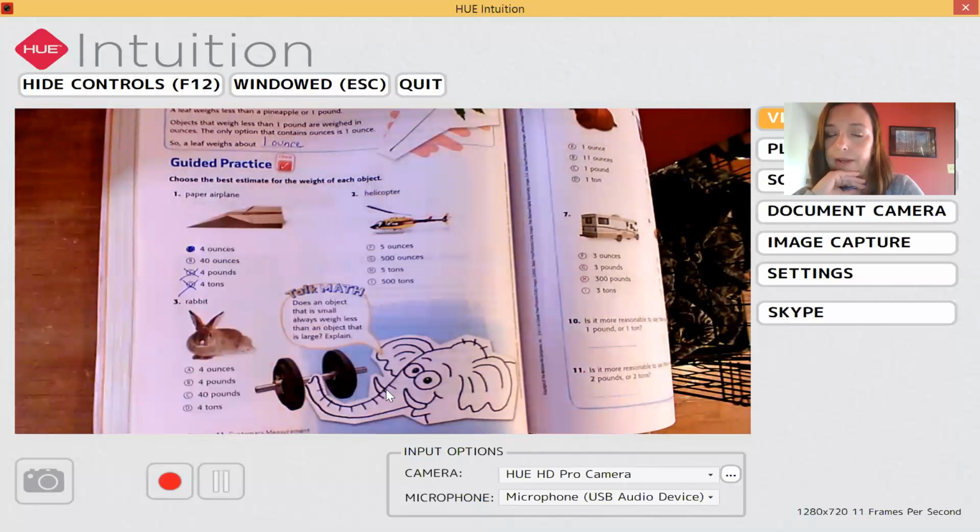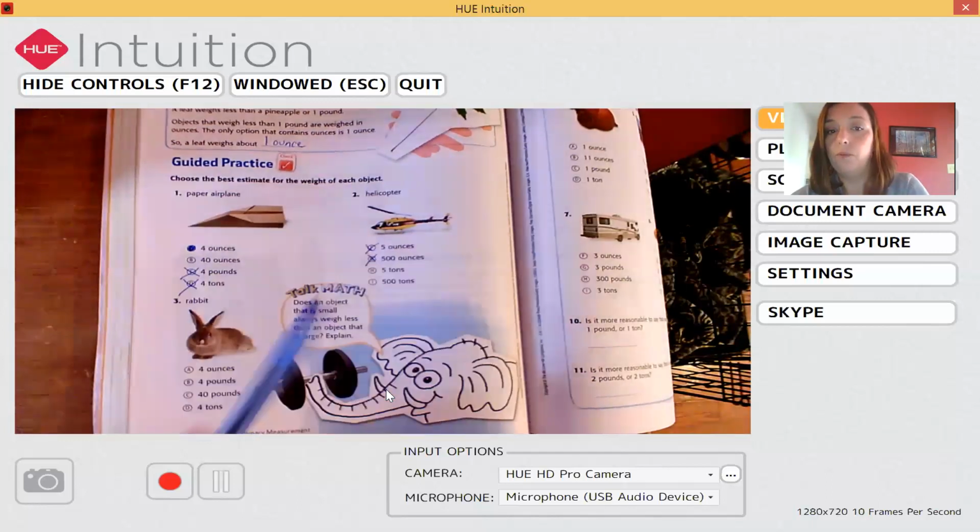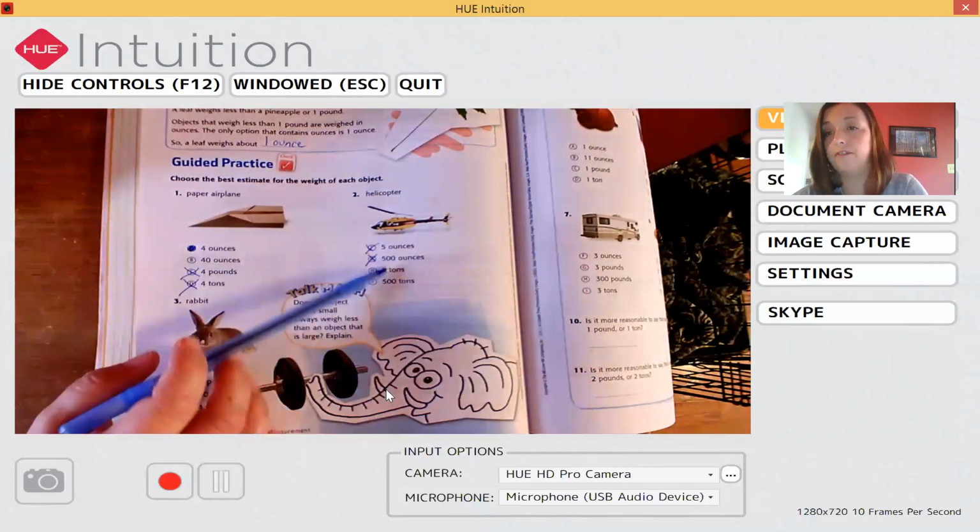Okay. Number 2, a helicopter. I'm thinking of my three objects, the strawberry, the pineapple, and the car. And I think the car is the most similar to a helicopter. So that means that it's going to be way bigger than ounces. So I'm going to cross off the ounces. And we either have 5 tons or 500 tons.